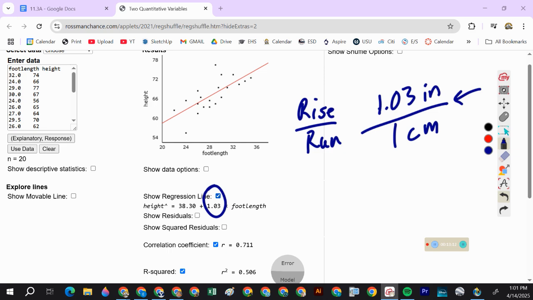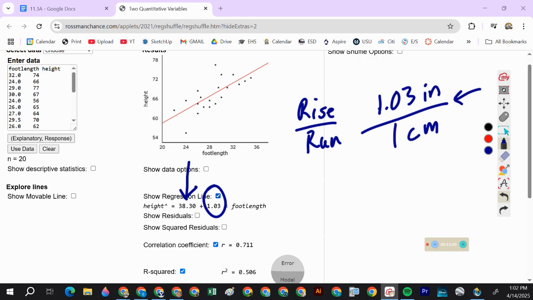Okay, letter H, what does this represent? It is a starting point, but what does it mean in the context of this scenario? Somebody with a foot length of 0, x is 0, they would be 38.3 inches tall. Now, does anybody have a foot length of 0? Not really.